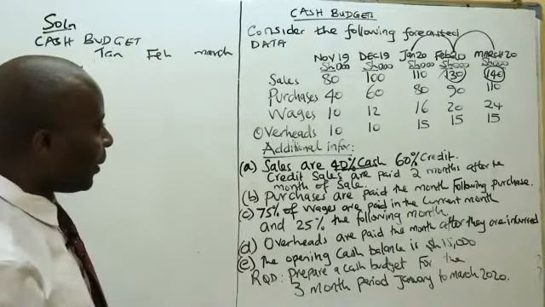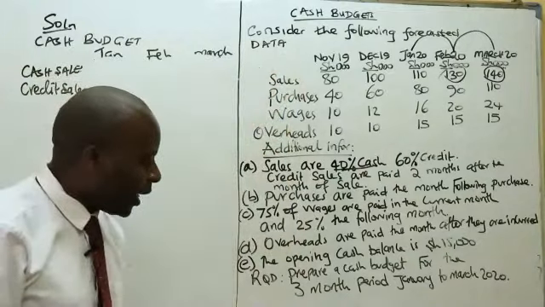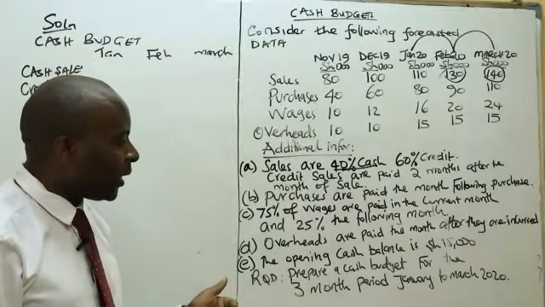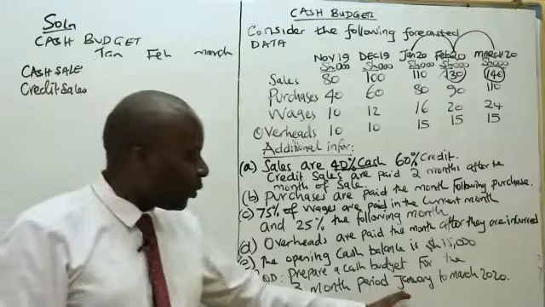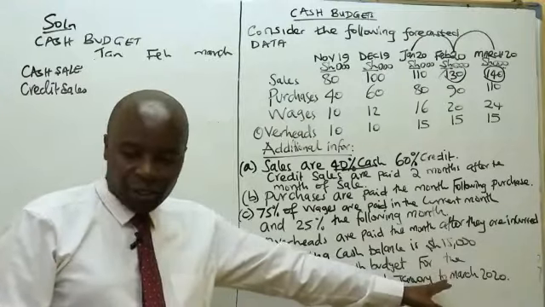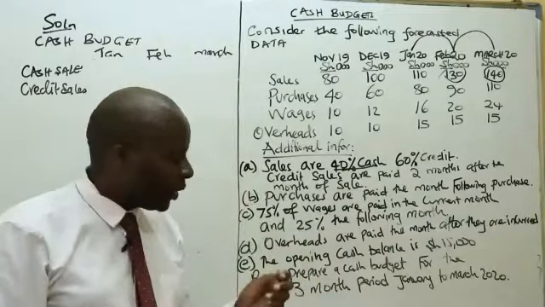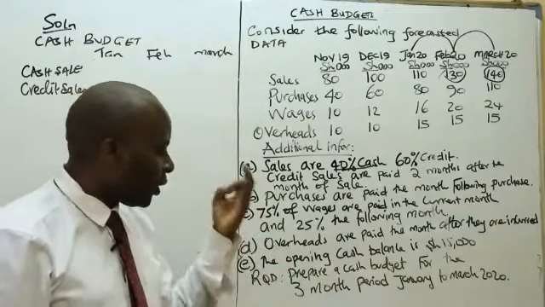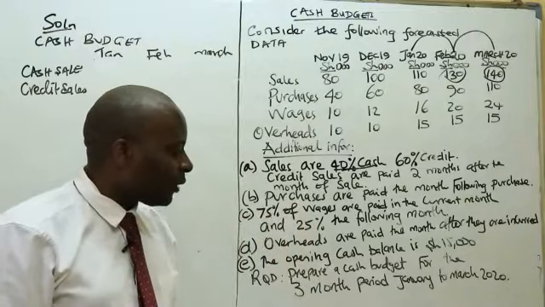Now, ladies and gentlemen, remember it's a cash budget question, and they have been able to define the cash budget period. They have told us it's between January and March. They want us to do a cash budget, which is a 3 months cash budget for the period from January to March.